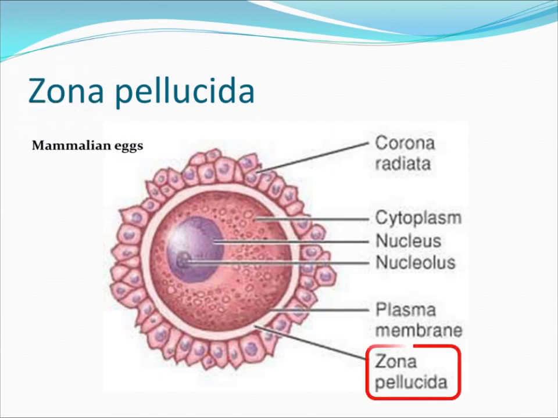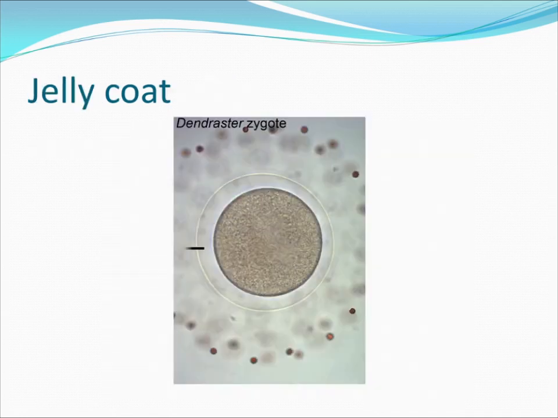Next is zona pellucida. It is found in all mammalian eggs and this zona pellucida is a non-cellular transparent jelly-like layer which is found outside the plasma membrane. Next is jelly coat.